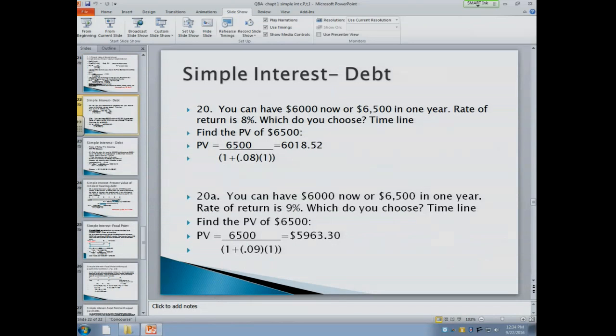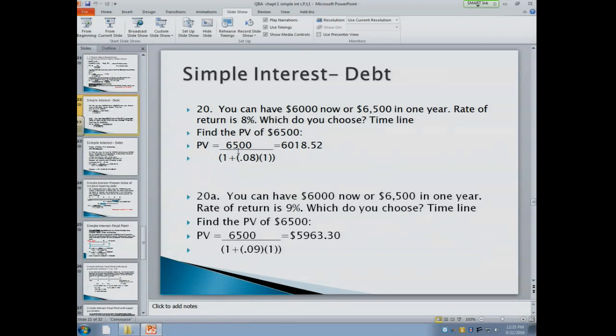You have $6,000 now, or you have $6,500 in 1 year with a rate of return of 8%. Which do you choose? Well, I want you to do, and I will specify on a test, find the present value of $6,500.